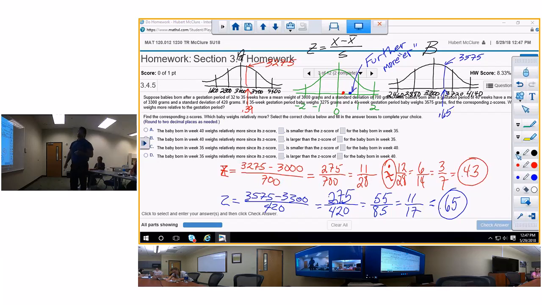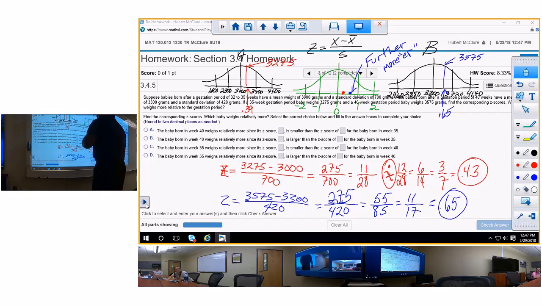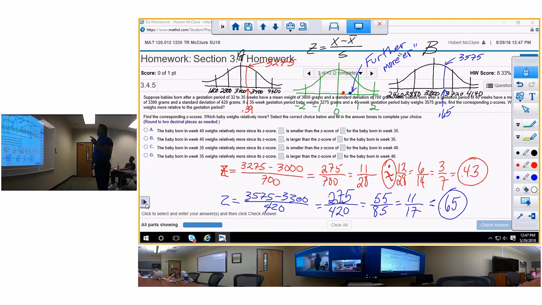So, what do you do? Well, you read and try to figure out what the Philadelphia lawyer wants you to figure out. Because he wrote the question, so we've got to figure out what he or she wants. Find the corresponding z-scores. Which baby weighs relatively more? So we know it's 40 weeks. Yep.